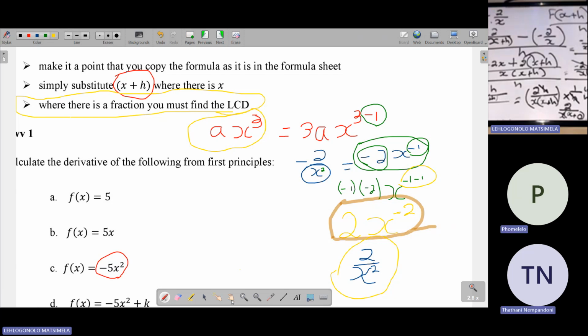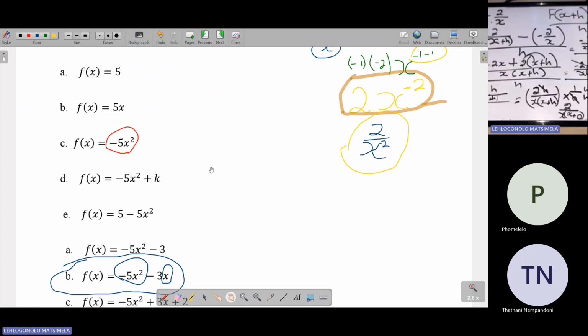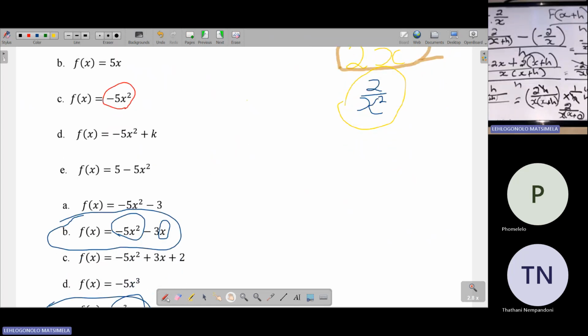If you still remember on the previous question, this question of minus 5x to the power of 2 minus 3x, I said that here there are two parts.